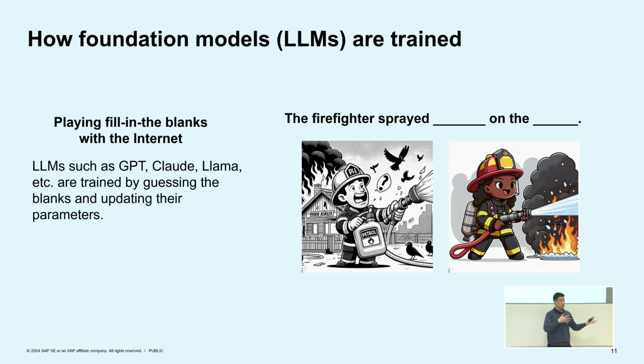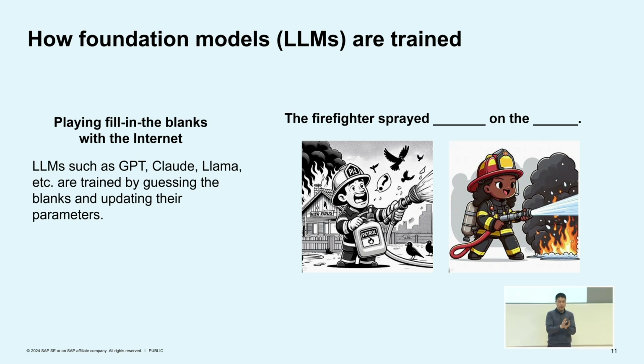And then you take another sentence or paragraph from the internet, blank out some words, and you play the game again, and again, and again. And when you've played that game with this LLM, with every single sentence and paragraph from the internet, you get a pretty good model.